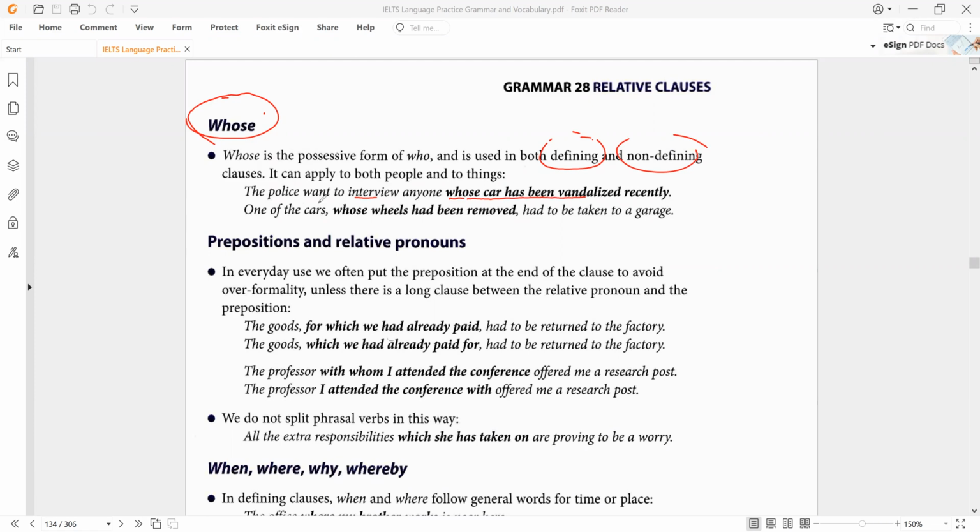The police want to interview anyone whose car has been vandalized. What is vandalism? What is vandalism or vandalized? Okay, when we have riots.